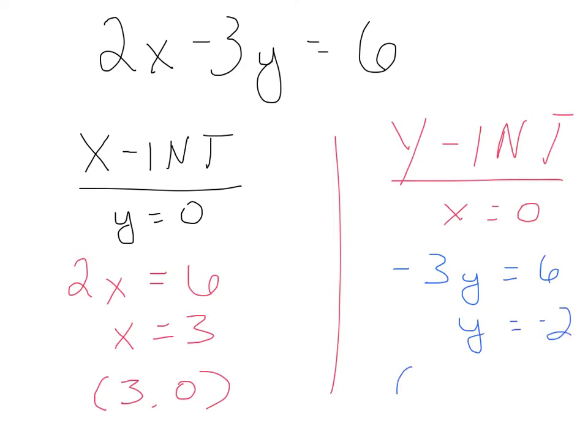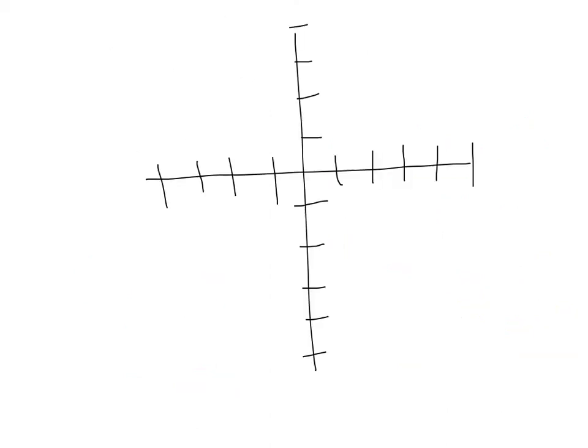So my y-intercept here is 0, negative 2. So now I'm simply going to plot my 2 points at 3, 0 and 0, negative 2. I'm going to connect those 2 points with a straight line, and I'm going to put arrows at the end of my line. And that would be a much easier way to graph the equation 2x minus 3y equals 6.